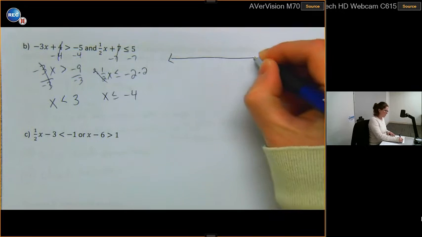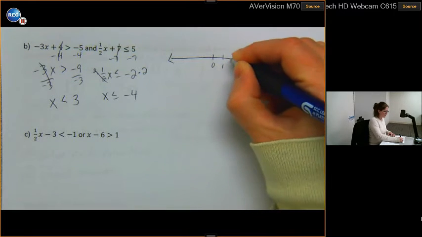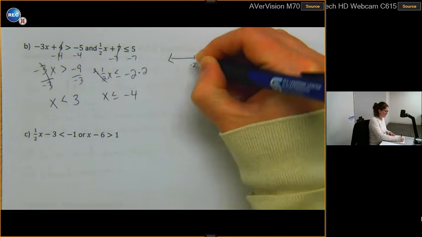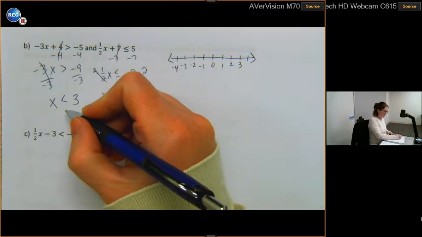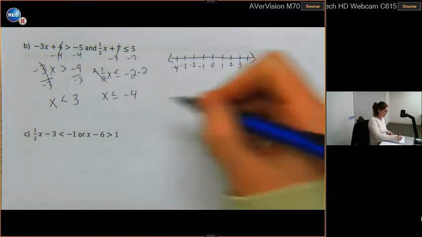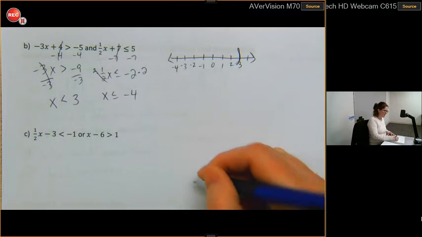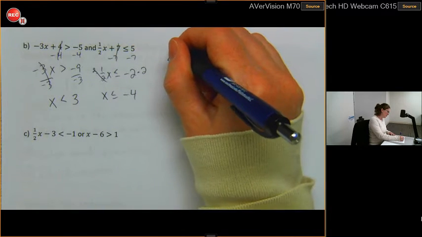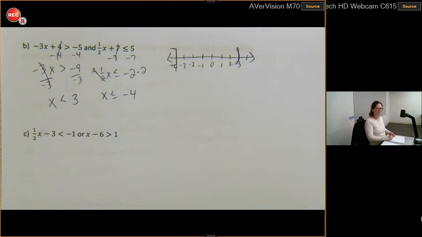I draw my number line. I have x is less than 3, so a parenthesis on the 3, going left. x is less than or equal to -4, a bracket on the -4, also going to the left.